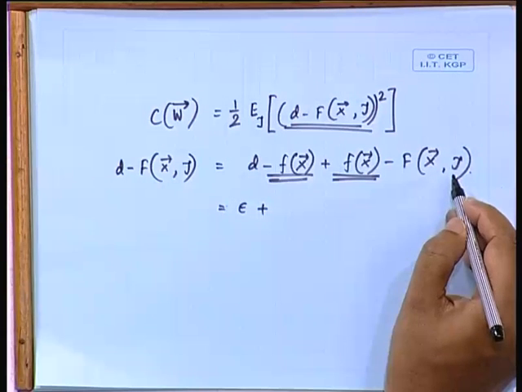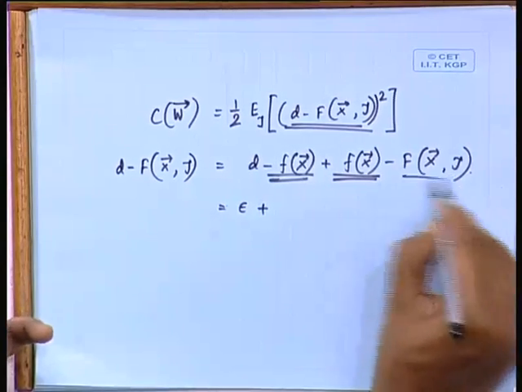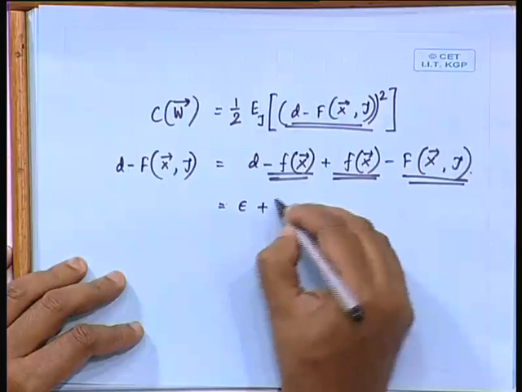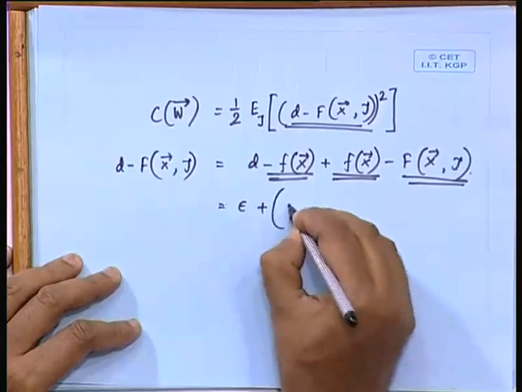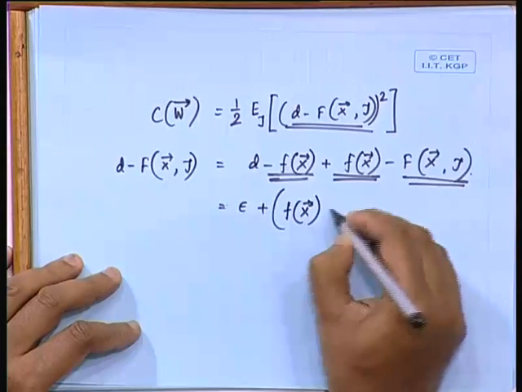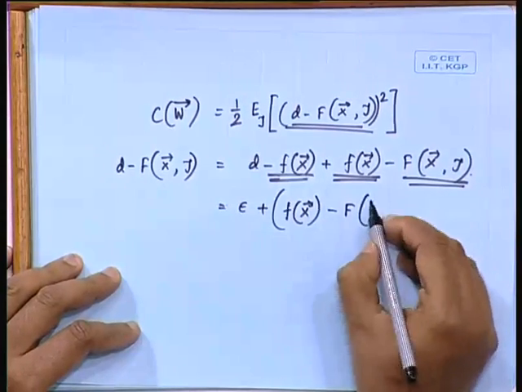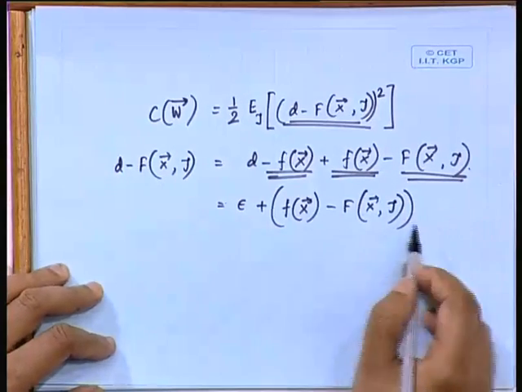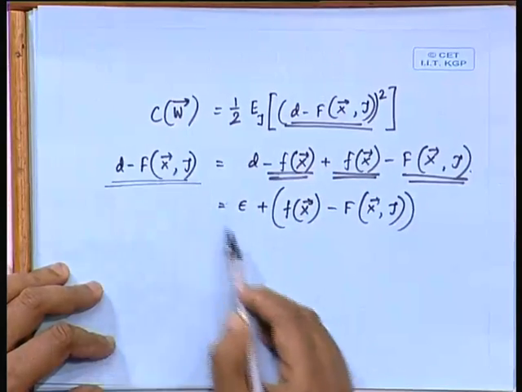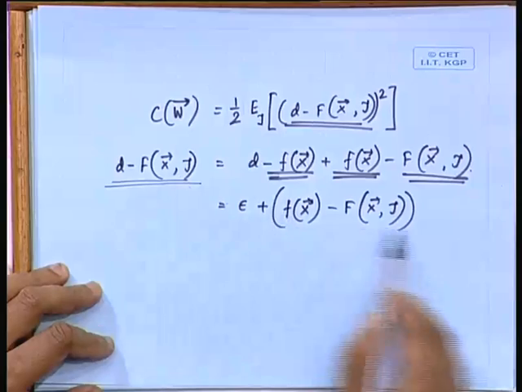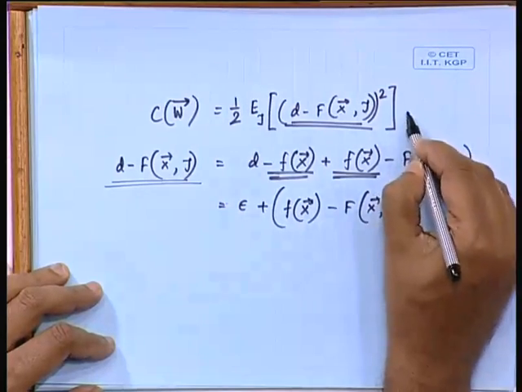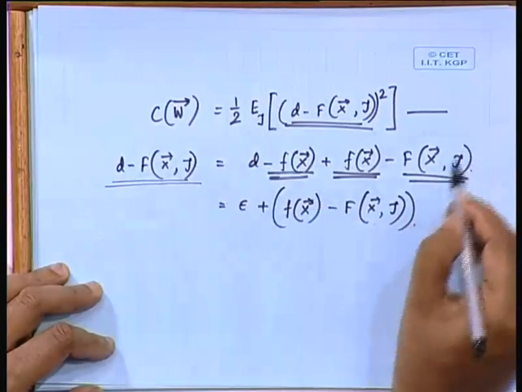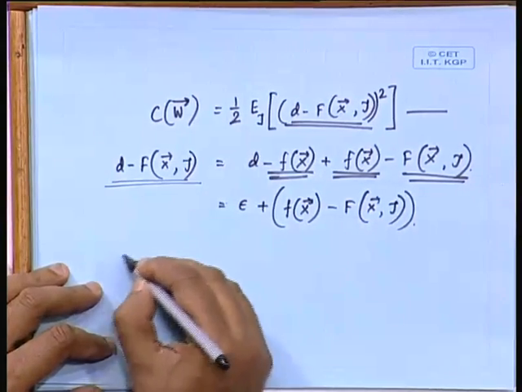In fact, this is what we are looking for: the error between the actual function, or rather the regression function, and the approximation that we are doing by applying the neural network. So, this is epsilon plus f of x vector minus capital F of x vector, T. Now if I substitute this expression for d minus F(x, T) into the expression for C(w), what do we get?